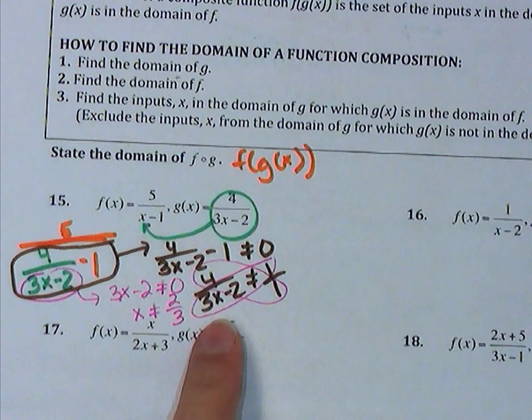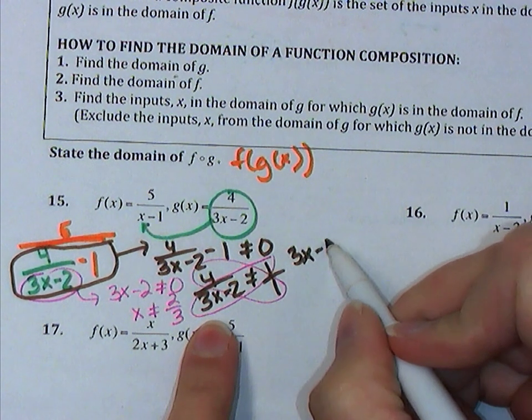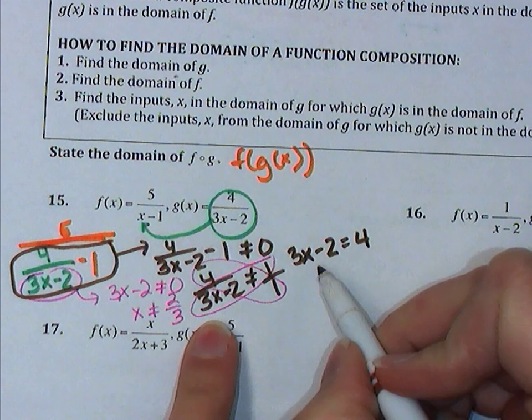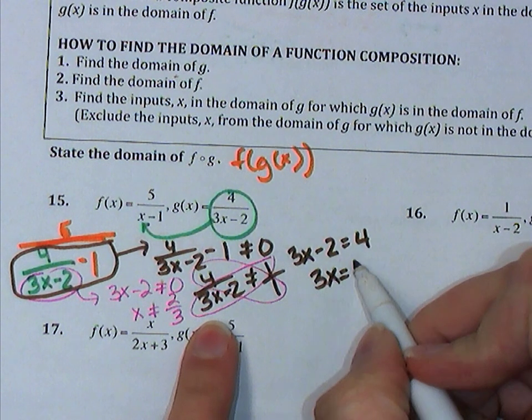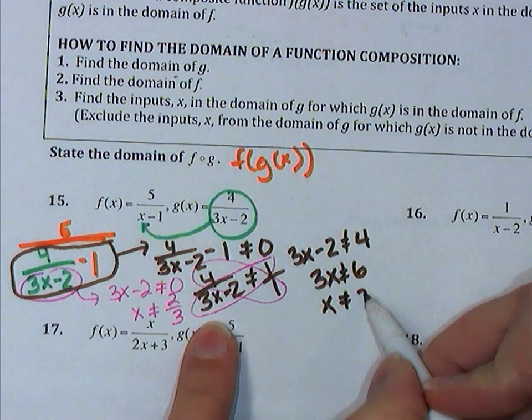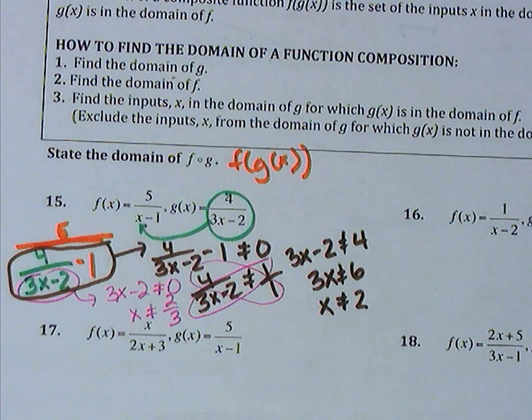So 3x minus 2, if you multiply this way, has to equal 4 times 1. Add 2. Divide by 3. X cannot equal 2. So for your domain, you've got to take out 2/3 and 2.